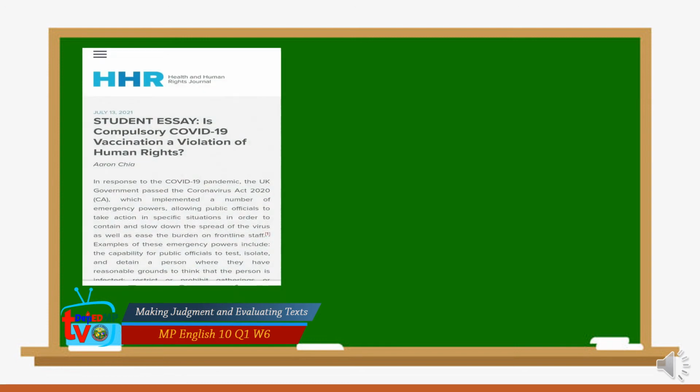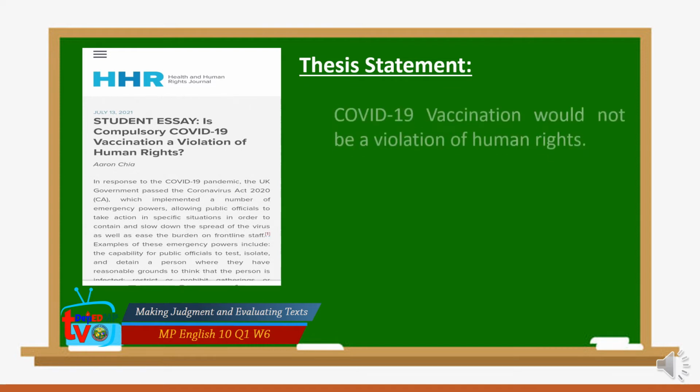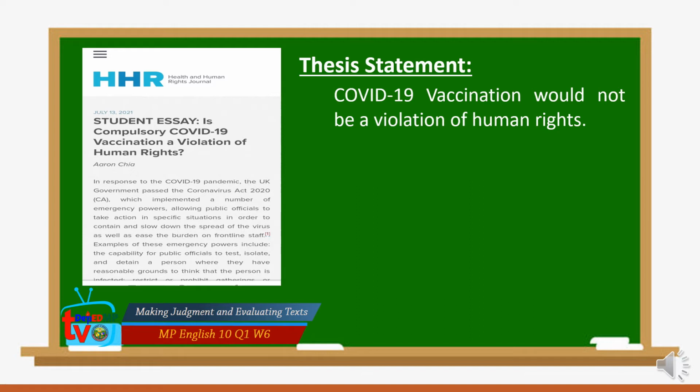Now, let's take a look at this sample picture of an article about vaccination entitled, "Is compulsory COVID-19 vaccination a violation of human rights?" Now, the possible thesis statement that you can get from this article can be, COVID-19 vaccination would not be a violation of human rights. Take note that the thesis statement can be directly stated in the article or it can be inferred by the readers.